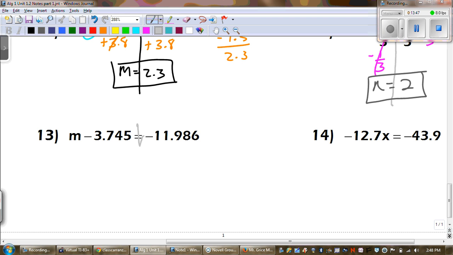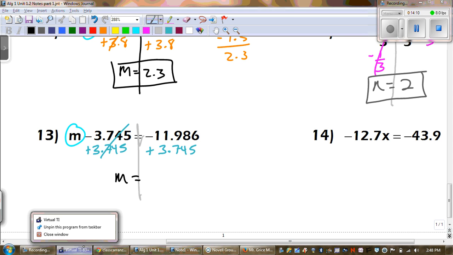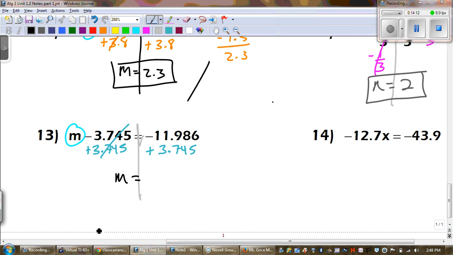Okay, let's draw our line. There's my variable. I want to get it all by itself. So I needed to do the inverse. And what I do to one side, I do to the other. So I get that m equals, and guys, if you want to use your calculator, by all means use your calculator.